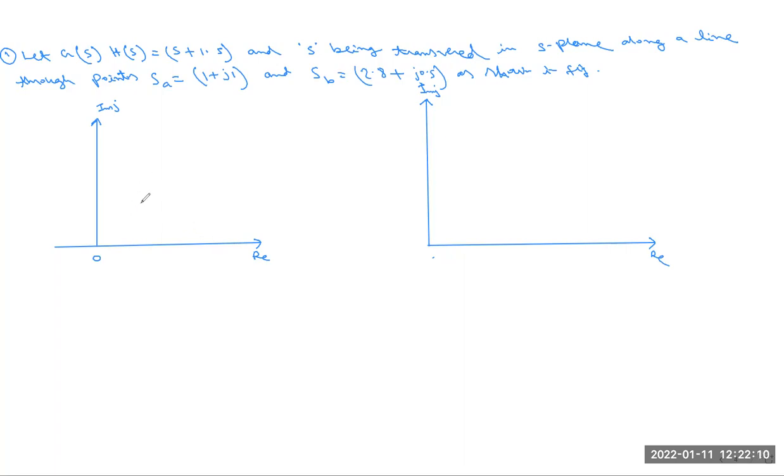The first point we have to locate is this point. We have to connect it to this point. Another point is given here, that is 1, then 2, then 3, and so on.